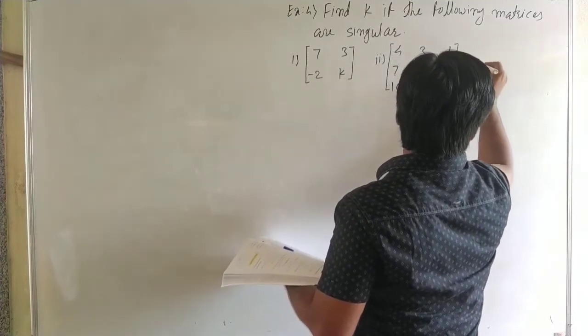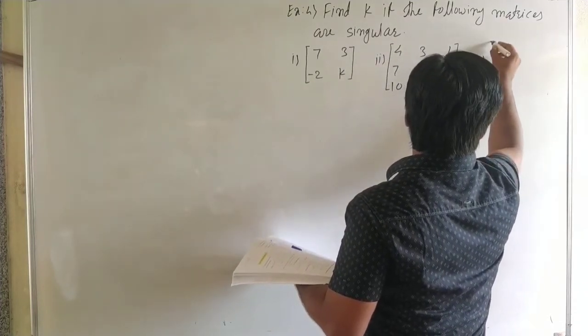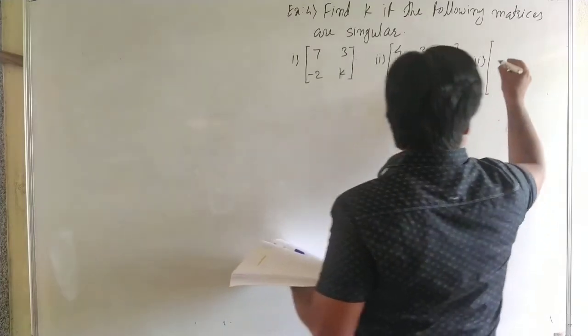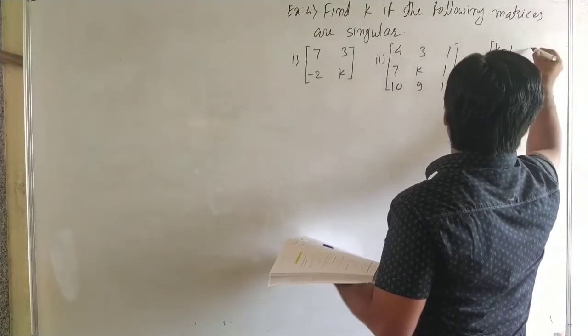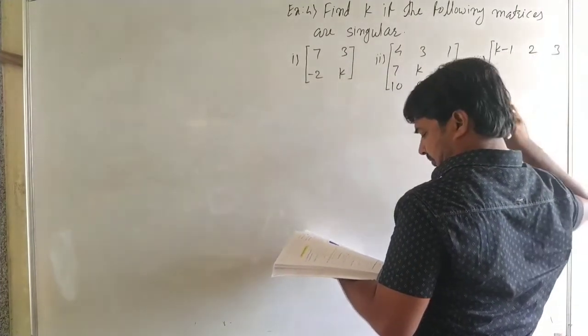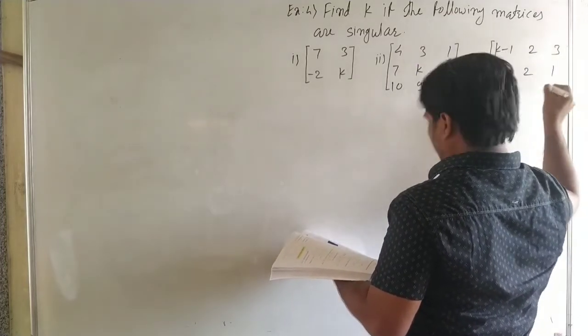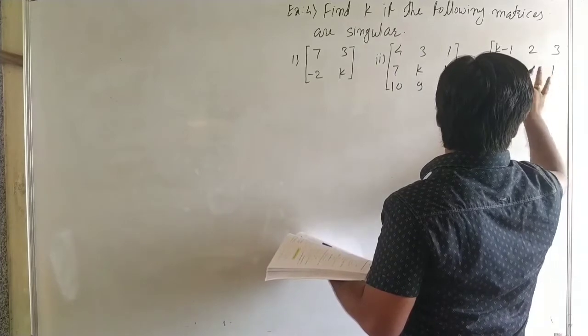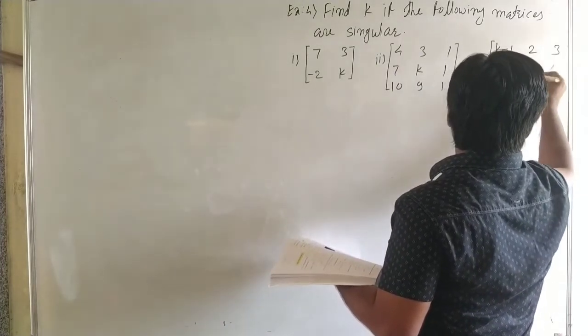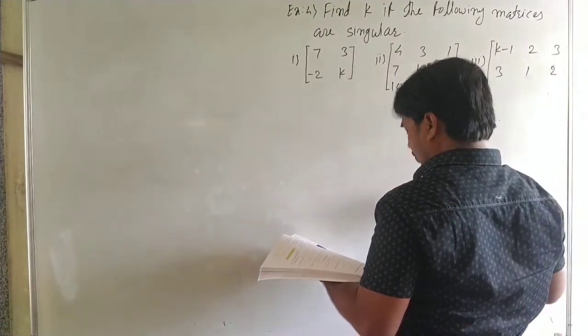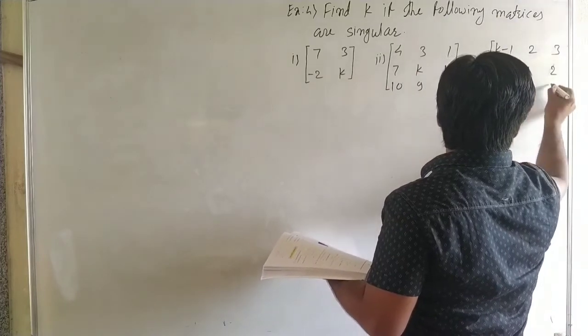And third example: k, minus 1, 2; 3, 1, 2; 3, 1, 2, sorry, and it is 1, minus 2, 4.